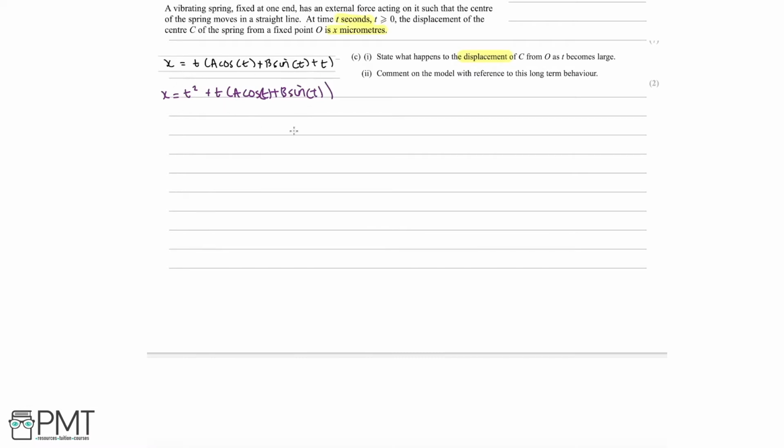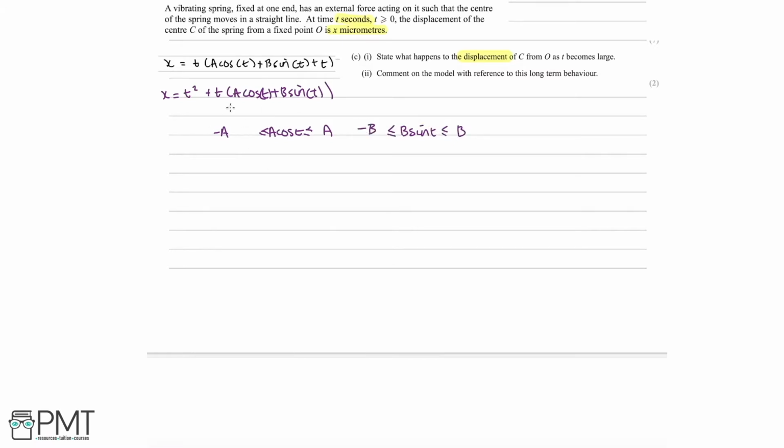Well, a cos t plus b sin t doesn't actually grow in the grand scheme of things, because cos t and sin t are functions that oscillate between -1 and 1, and thus as t becomes very, very large, a cos t can really only grow between -a and a. Similarly, b sin t can really only change between b and -b.